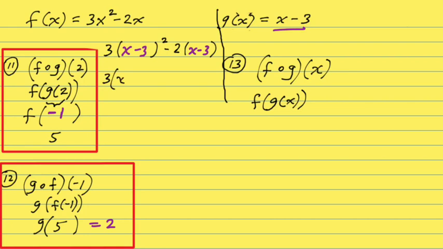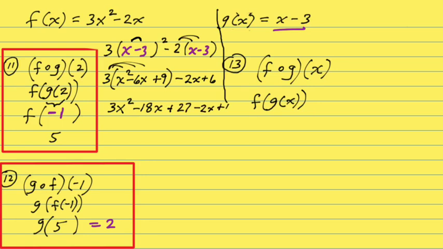The process would be square the first, square the last, twice the product, that'd be negative 3x, doubled is negative 6x. If I distribute this negative 2, I'd have negative 2x, I think, plus 6. So I have to distribute this 3 after I squared it. So that's 3x squared minus 18x plus 27 minus 2x plus 6.